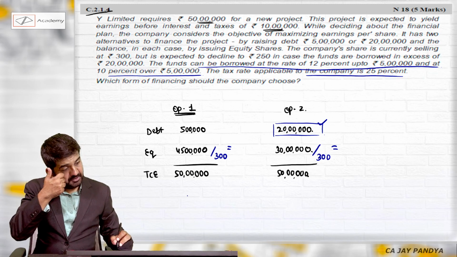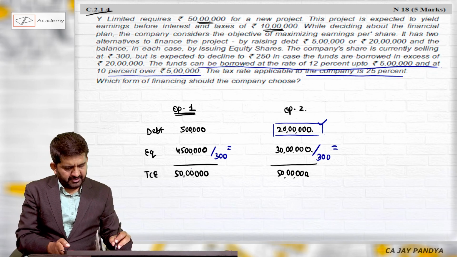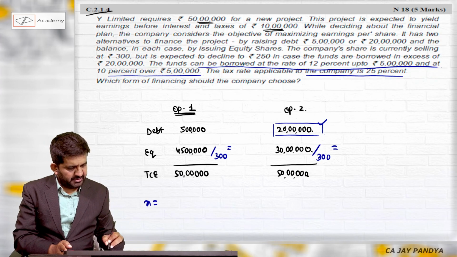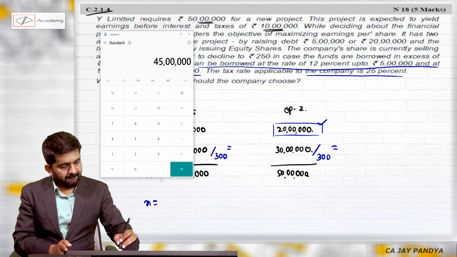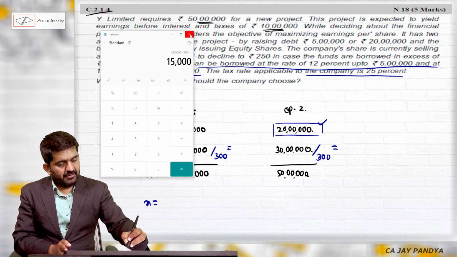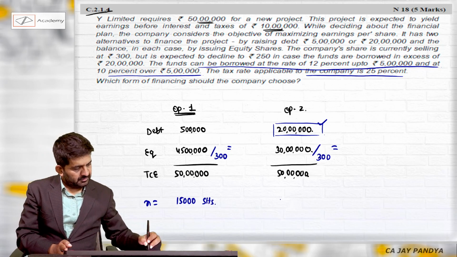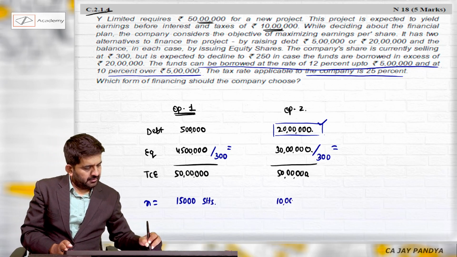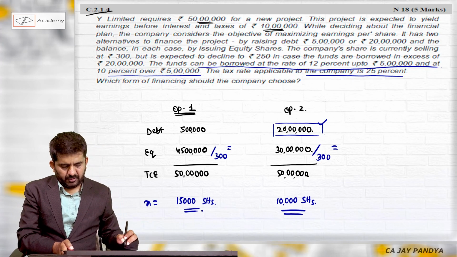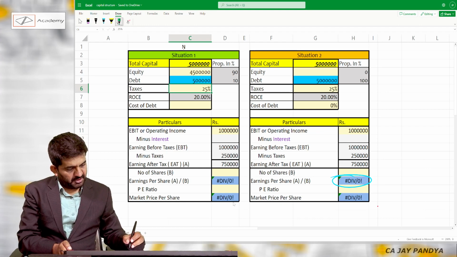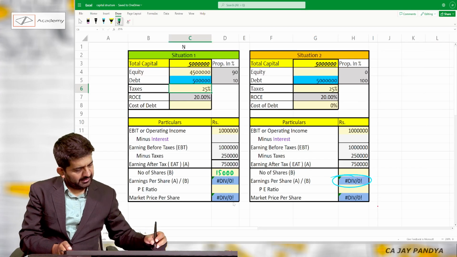By issuing equity shares, the company share is selling at 300 and is going to remain 300. So in the first case, number of equity shares will be 45 lakh divided by 300, which will be 15,000 shares. And here 10,000 shares. So number of shares will be 15,000 in option number 1 and 10,000 in option number 2.